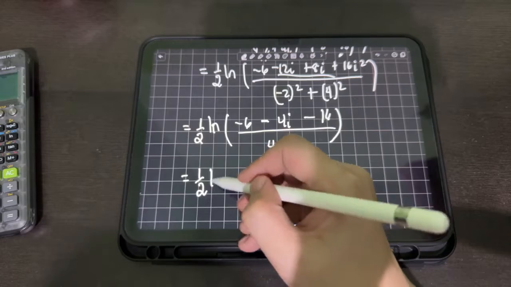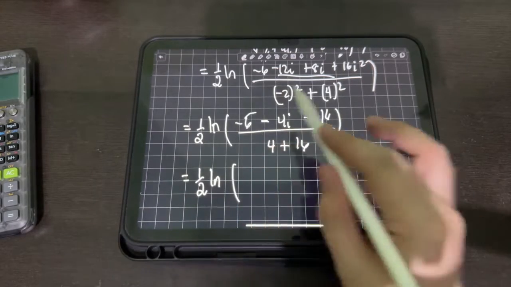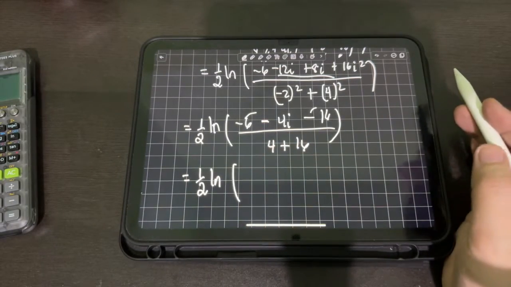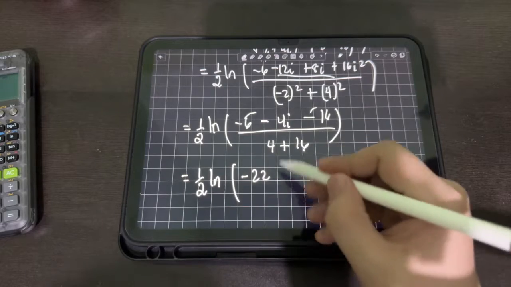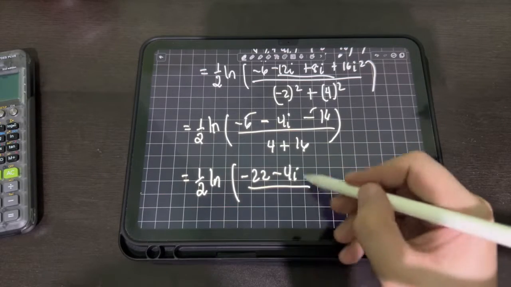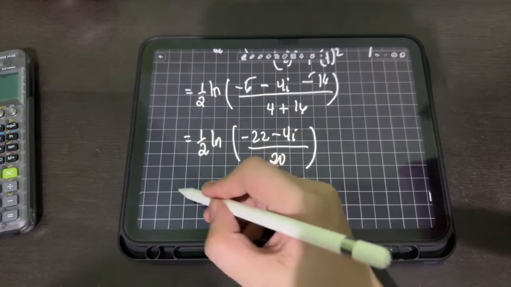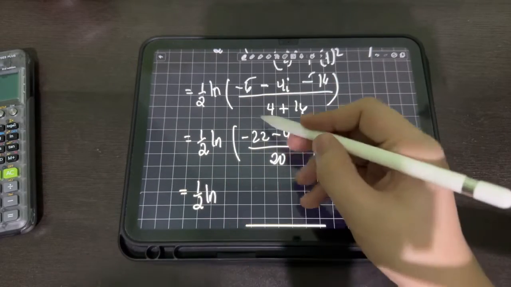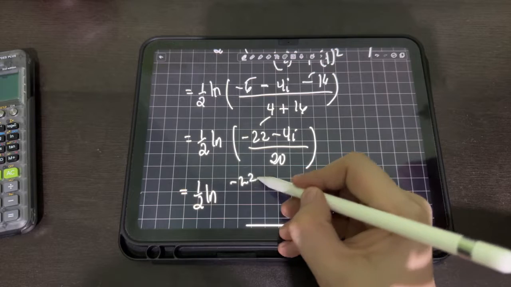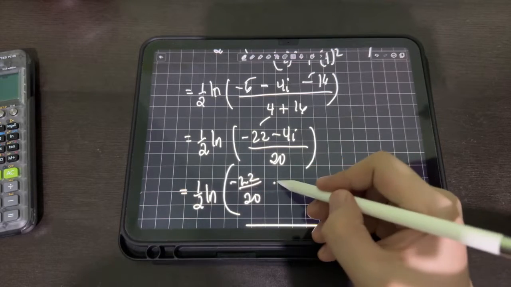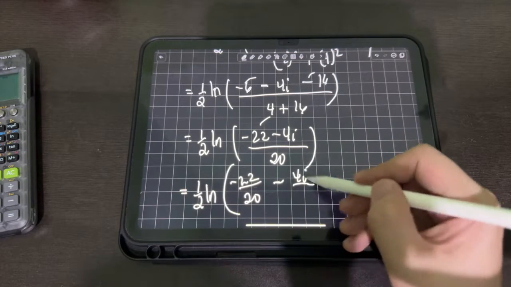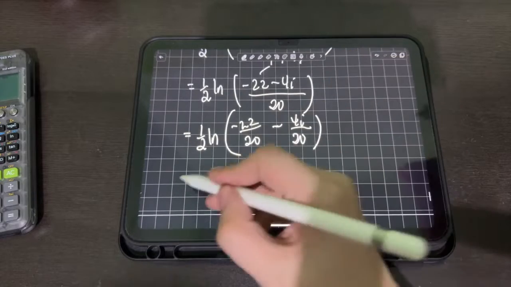So you have 1 half ln. You can still combine negative 6 minus 16. Negative 22 minus 4i over 4 plus 16, 20. And then you divide negative 22 by 20. Then also negative 4i divided by 20.